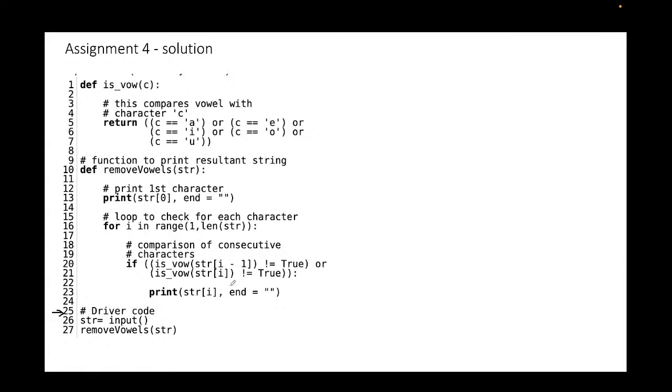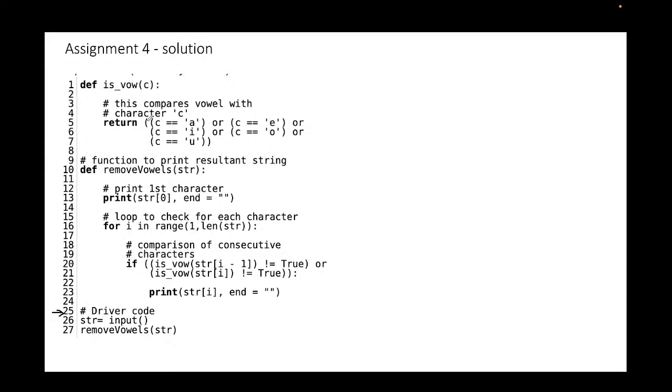Basically, it will be clear if I explain the functionality of this function is vowel. Whatever alphabet you supply to it, it will check whether it's a vowel or not. Whatever alphabet C is supplied to it, it is checking whether it is A, E, I, O or U, and returning that.